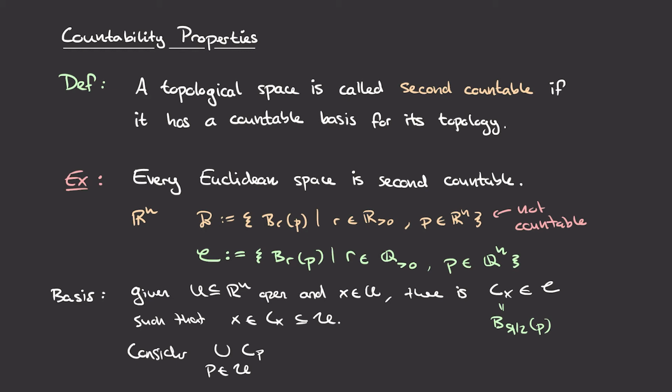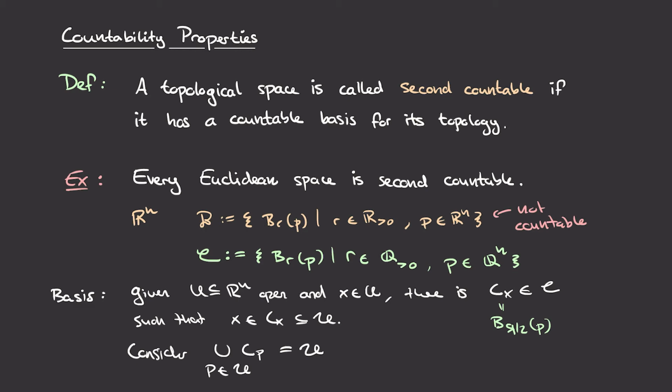We now use this argument that we've already seen many times. In particular, we saw it last time under the guise of the basis criterion. Namely, we claim that this union is actually equal to U. So one inclusion, namely this left to right inclusion, follows from the fact that each of these sets C_p is contained within U. Conversely, the other inclusion follows from the fact that we're unioning over each point in U and each point p is contained within C_p.